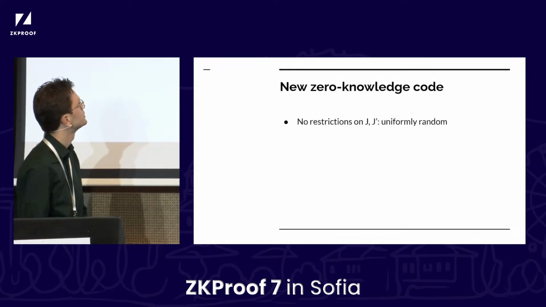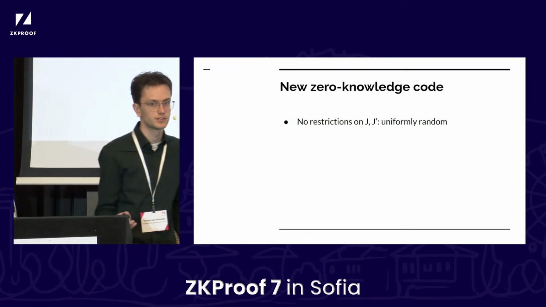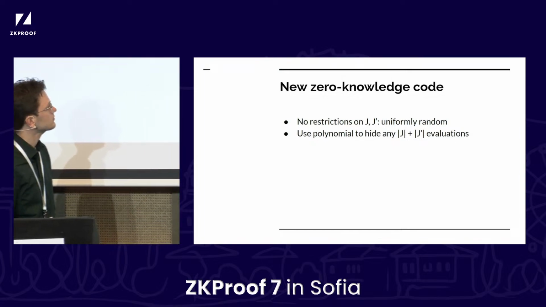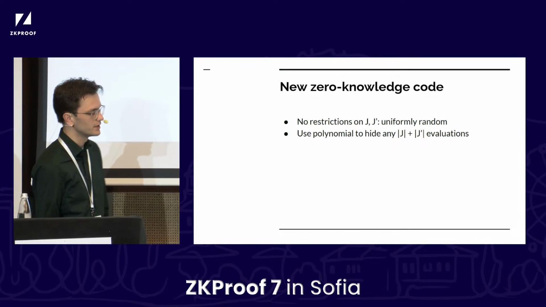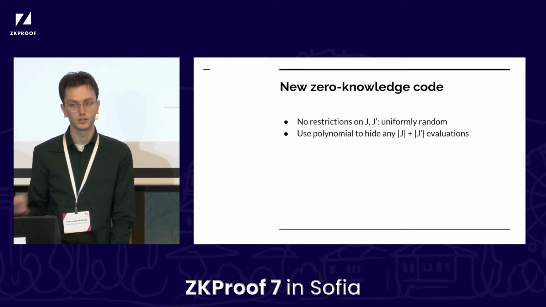What we do is we don't impose any restrictions on J and J prime, and we use a polynomial to hide these evaluations of the linear time encodable code.